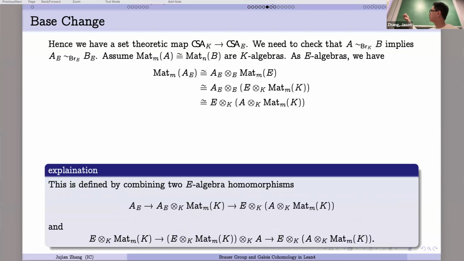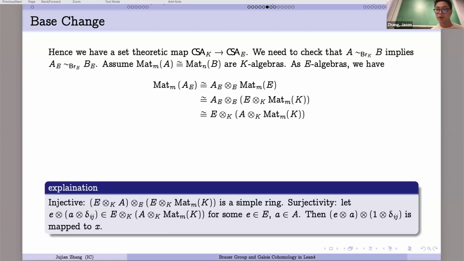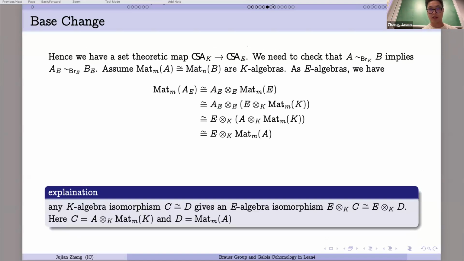And now the third isomorphism is induced by A of E mapped to this, and E tensoring the matrix mapped to this. This is injective because the domain of the homomorphism is simple, and this is surjective because we can find a pre-image for the basis.